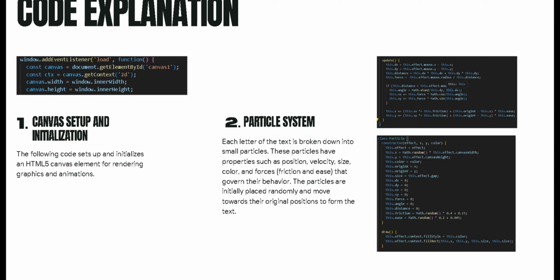Each letter of the text is broken down into small particles, and we have constructors that initialize each particle with properties such as position, velocity, size, color, and forces like friction and ease. Then we have the draw method, which renders the particle as a small rectangle on the canvas. We also have the update method, which updates the particle's position based on mouse interaction and applies forces like friction and easing to move the particle smoothly.